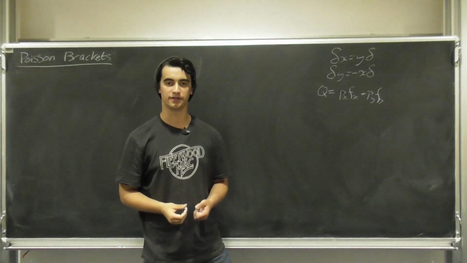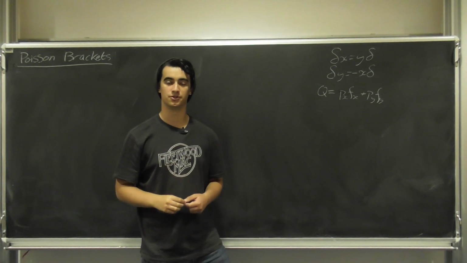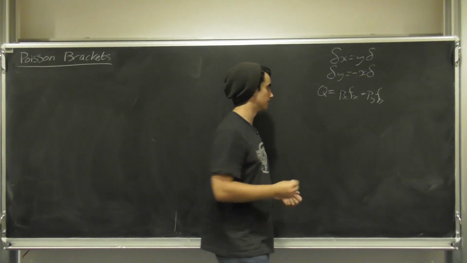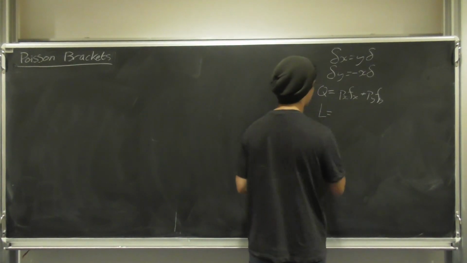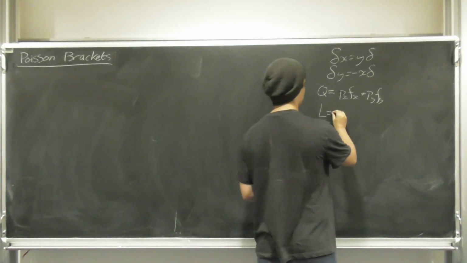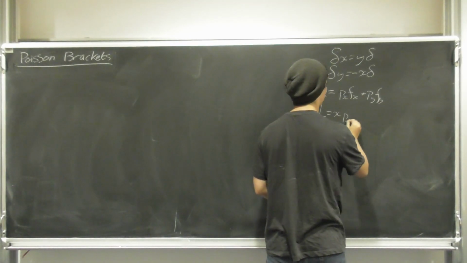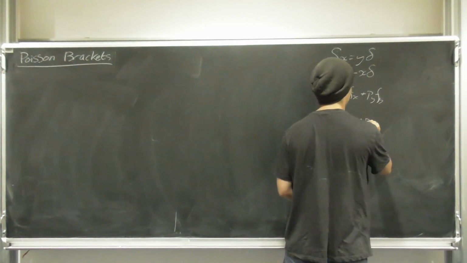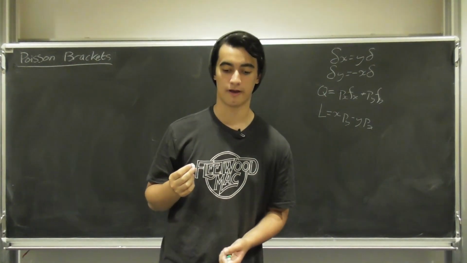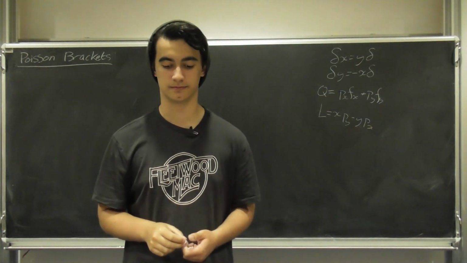And we'll call this new quantity the angular momentum, and we'll denote it with the letter L, not to be confused with the Lagrangian L. So we'll have L, and using a change of sign, we'll have x p sub y minus y p sub x. And this is how we'll denote our angular momentum.